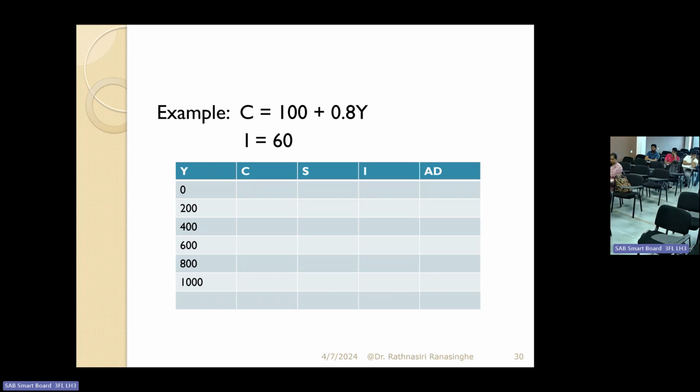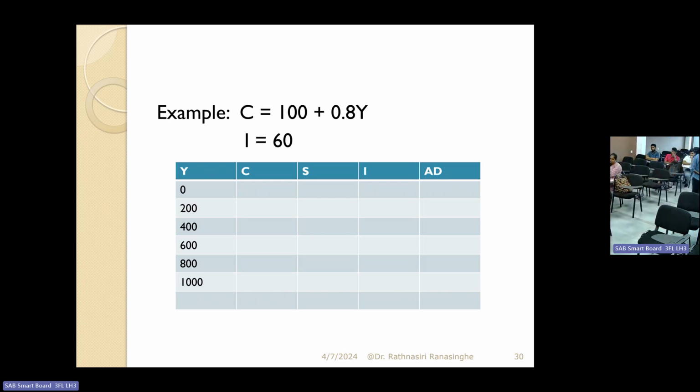So in our model, Y equals C plus I. Now how much is the consumption at different levels of income? If the income level is 0, you substitute Y as 0, then consumption equals 100. At 200, it is 0.8 into 200 plus 100. You can calculate the consumption like that.